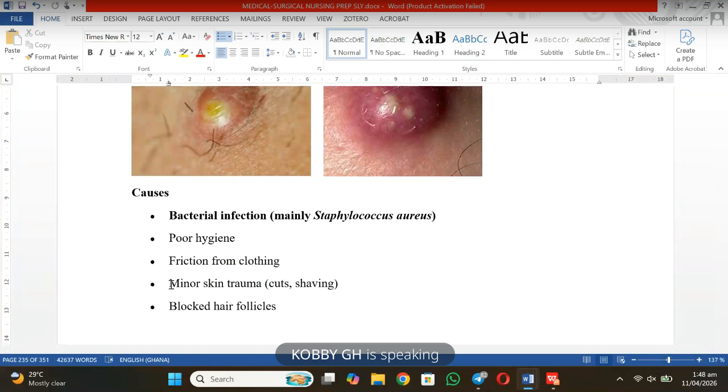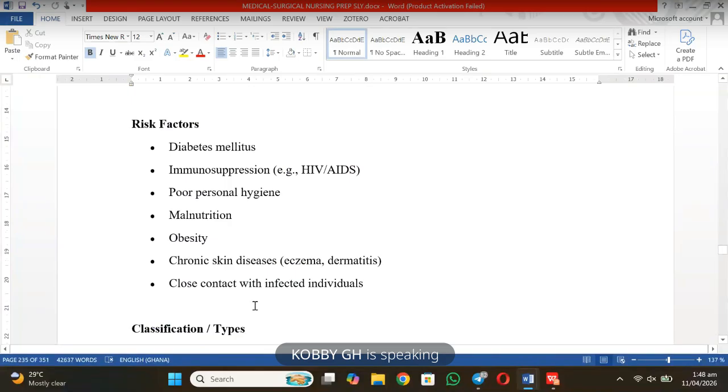You may develop either furuncles or carbuncles. So you shave and you end up developing minor cuts, and your chances of developing furuncles and carbuncles are very high. And there are times that someone may experience blocked hair follicles. In such individuals too, they are likely to develop furuncles and carbuncles.